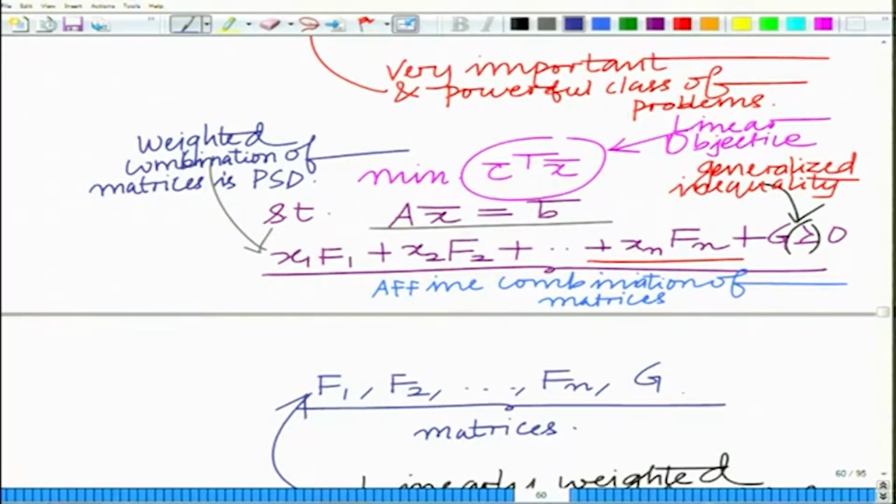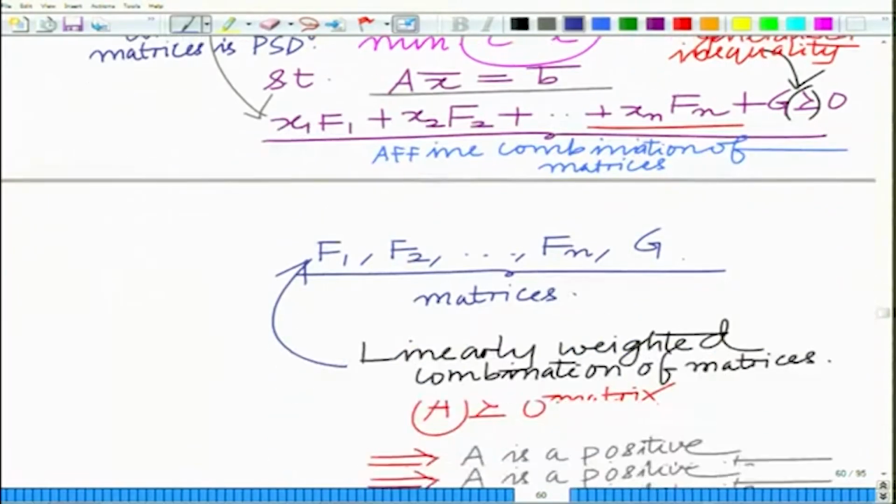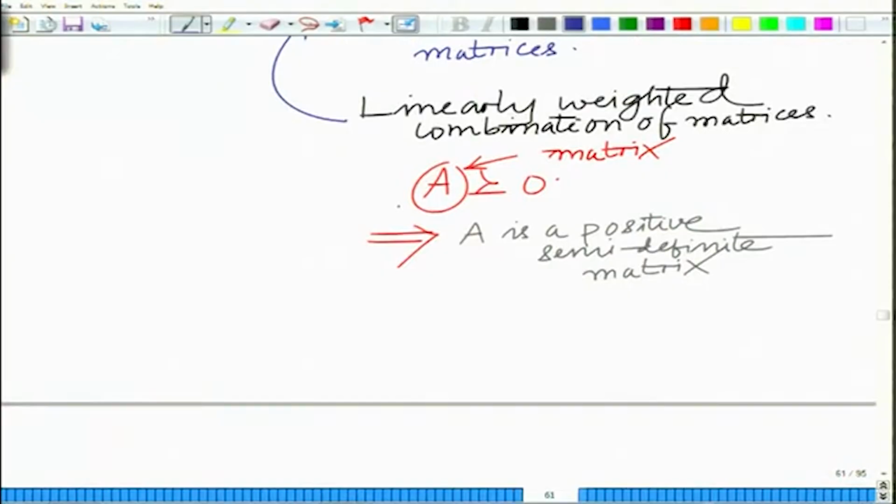And in fact, this generalized inequality on the set of positive semi definite matrices is interesting. Let me just briefly describe this.